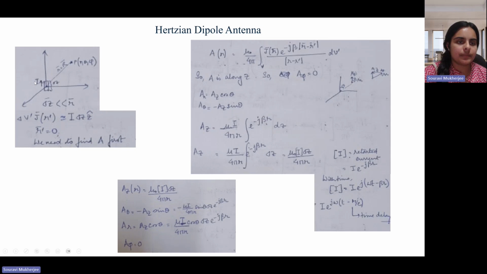So here, if you have some current carrying wire that has some very small length, delta z, which is much smaller than the distance from the field point.